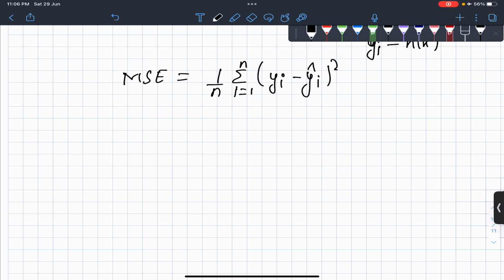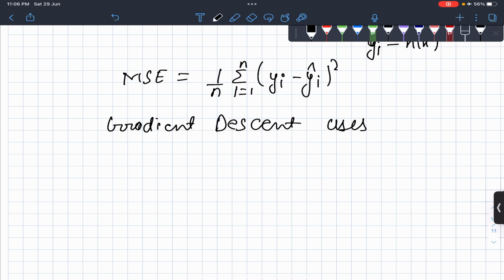What is the actual formula for gradient descent? Gradient descent uses calculus.